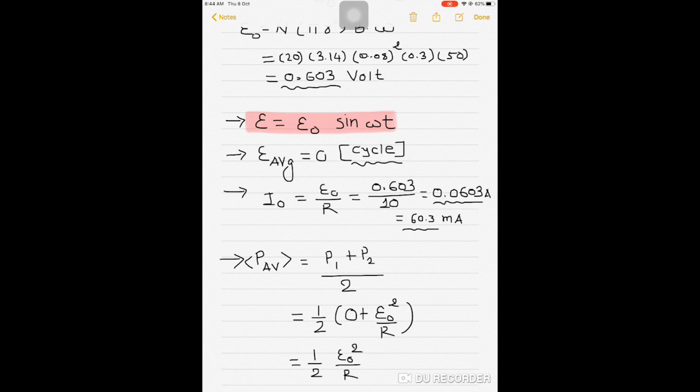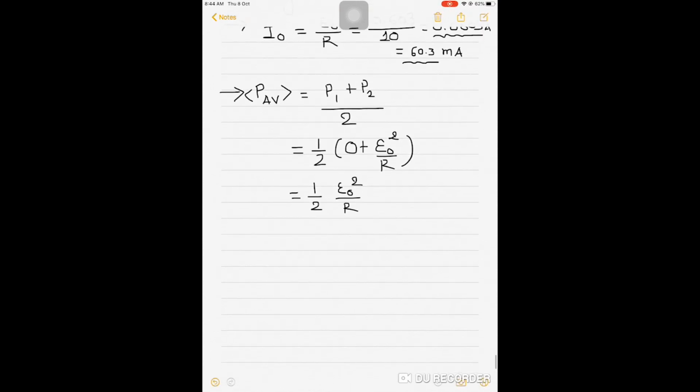Now what is the condition for E0 square that we have? This is equal to 1 by 2 E0 square that we have already obtained, that is 0.603 whole square over 10, and therefore we are getting the ultimate result, that is 0.018 watt.